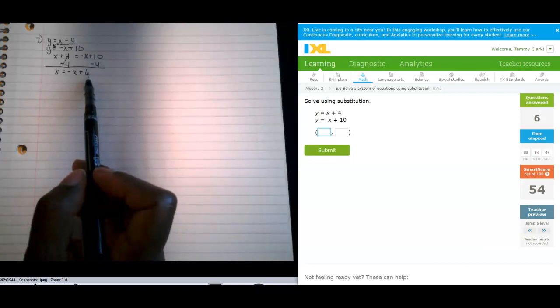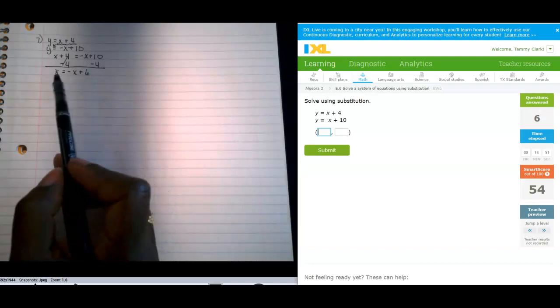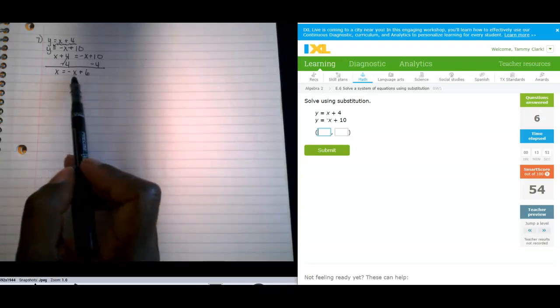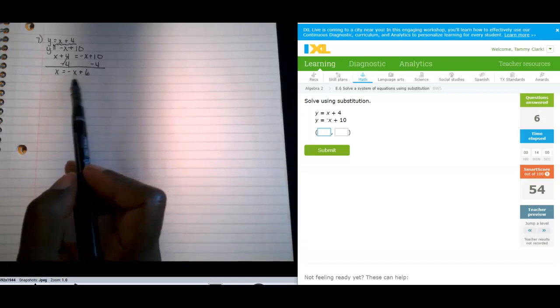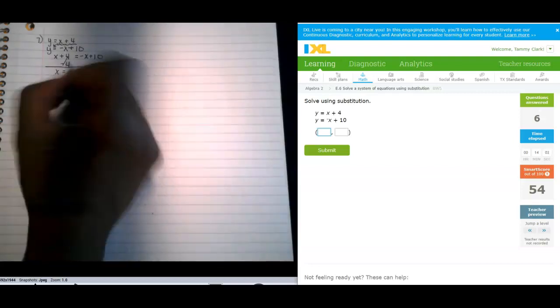Just leave it. You want to deal with what you have two of. So in this case, I have two algebraic expressions and one numeric expression. So I'm going to leave the numeric expression alone and I'm going to move the algebraic expression.